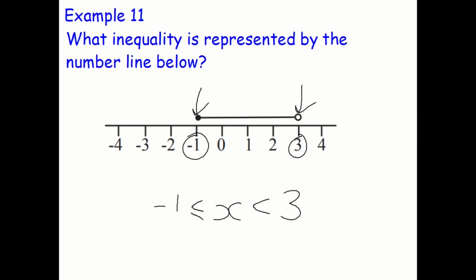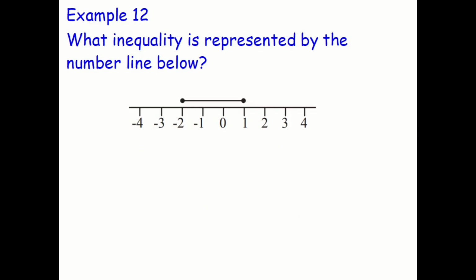Both these signs have got to be going the same way, okay? But think about it logically. X can take any of these values. If x can take any of these values, x is greater than or equal to -1, but less than 3. So that's why those signs are that way.